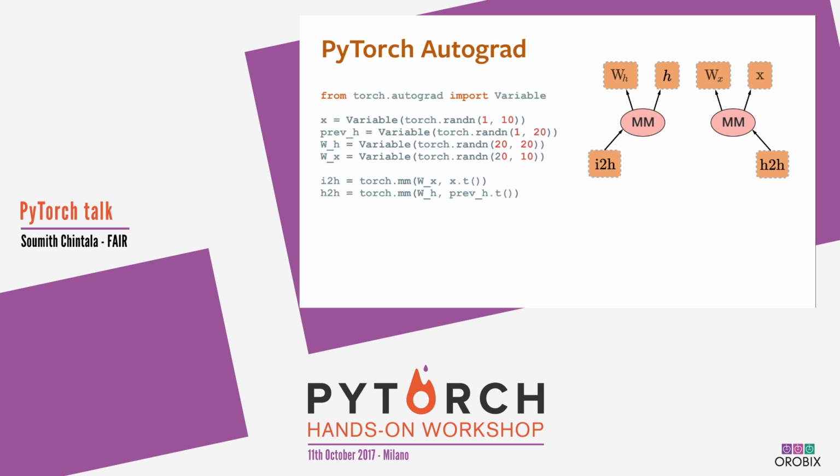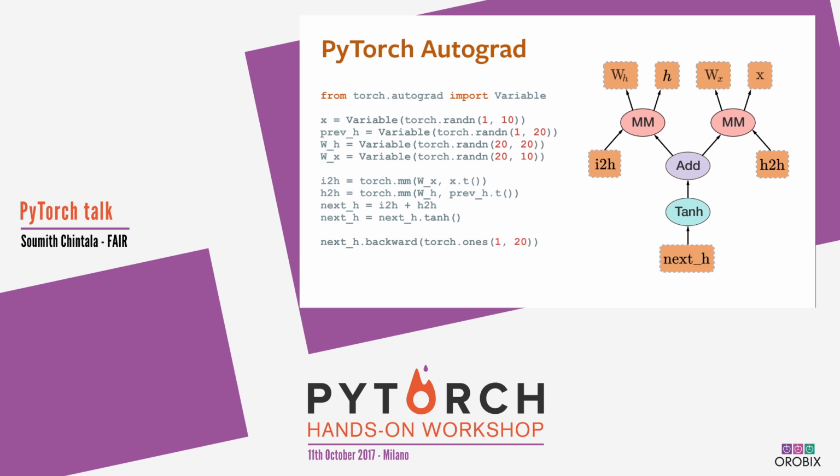So let's do some more operations. Let's add up these nodes. NextH now remembers that it was the result of an addition between I2H and H2H. And then I'll take a tanh operation. On my final variable, I can call backward with some gradient with respect to the output, and my gradients will be accumulated into each of the leaf variables that were created.